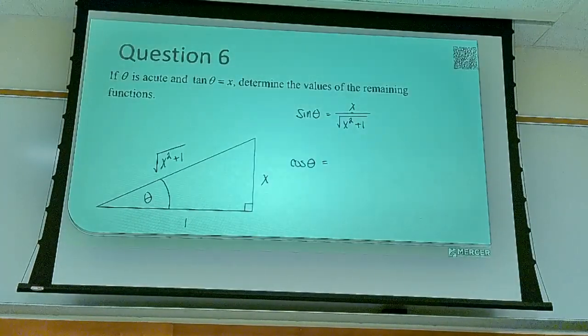What's cosine? 1 over the square root of x squared plus 1. That's adjacent over hypotenuse. My computer froze. I got it wrong.